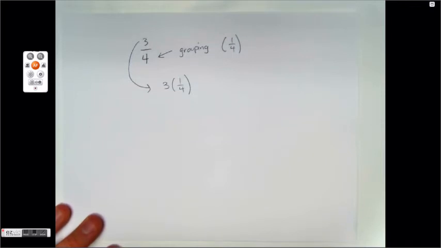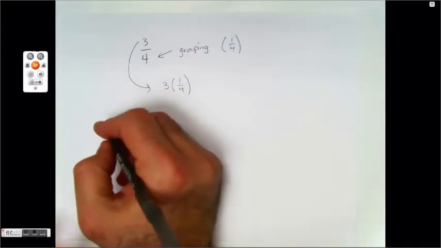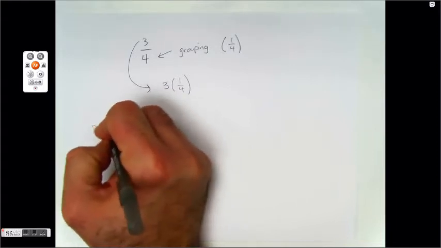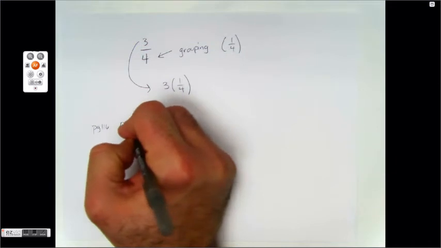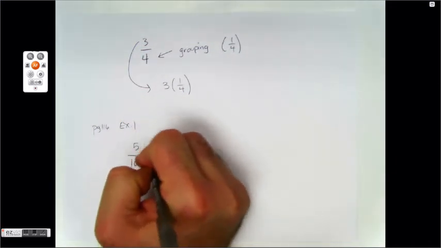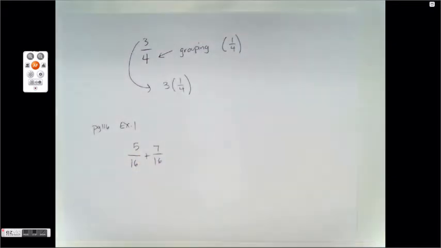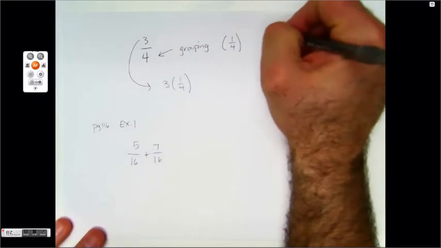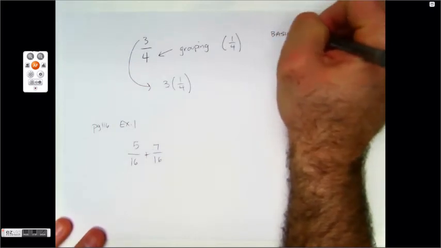So let's look at an example here. This will be on page 116. It's example 1. It's 5/16 plus 7/16. Now when we look at this, let's go back to the basic rule of addition, which will show up again.